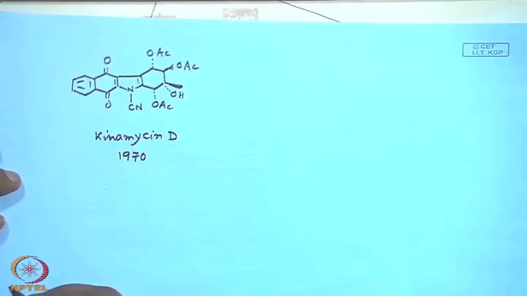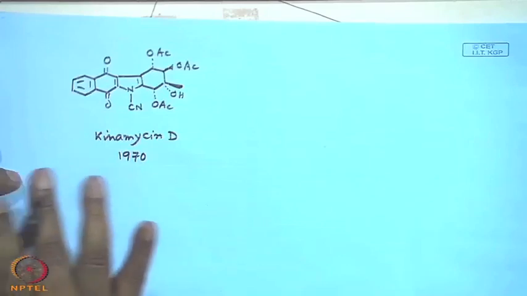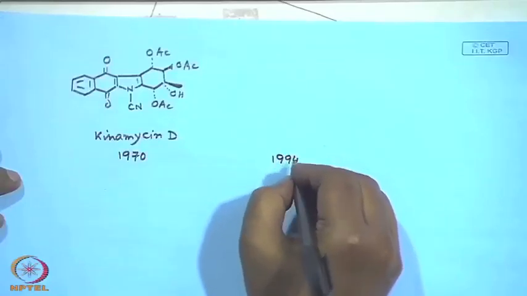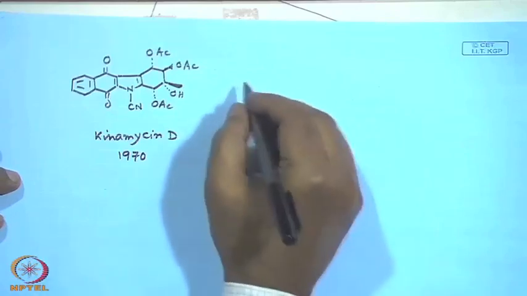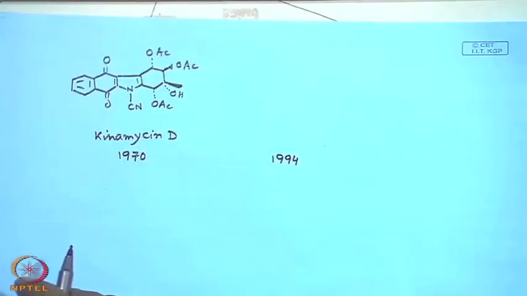Then the structure was established on the basis of NMR, IR, etc., including X-ray. Then in 1994, Stephen Gould from Oregon State, where I worked, found that the structure is wrong.